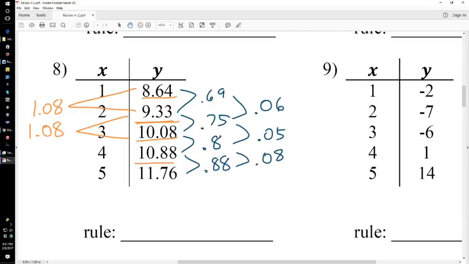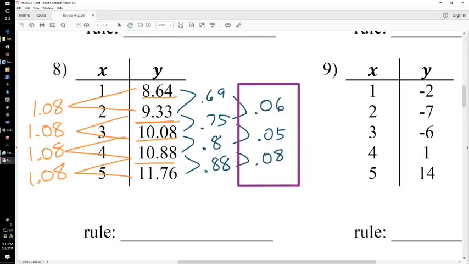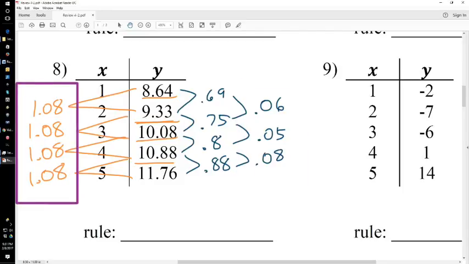Let's do the next one. 10.88 divided by 10.08 is 1.079, again that rounds to 1.08. If you round to 2 decimal places, that is really close. 11.76 divided by 10.88, and we get 1.08. Yes, we can make a case for quadratic, but exponential is so much better.